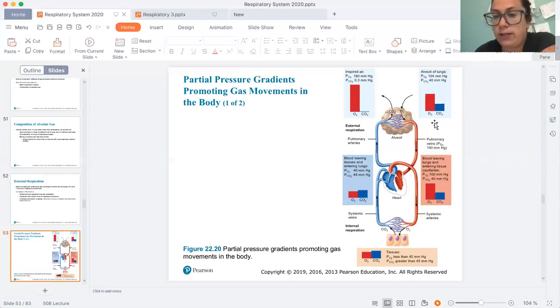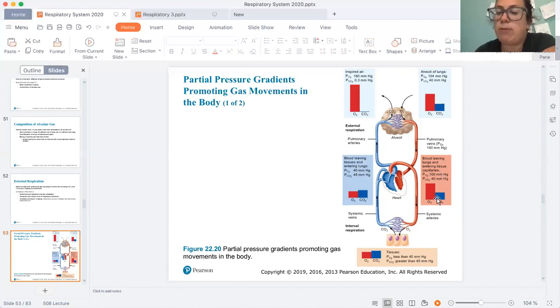Okay, so if you see here, with internal respiration, at least from the cardiovascular aspect, when blood is leaving the tissues and entering the lungs, the oxygen and CO2 end up equaling out. Then when we go into the systemic capillaries, you notice the partial pressure of oxygen is rising more than you would see from the tissues leaving and entering the lungs.